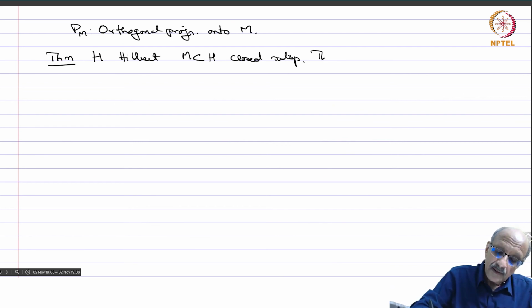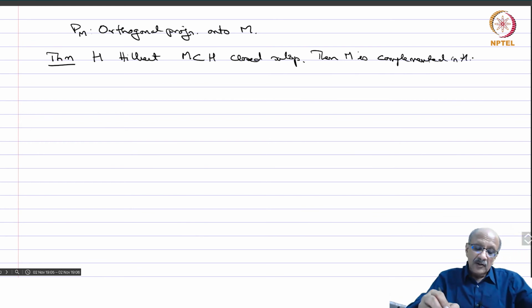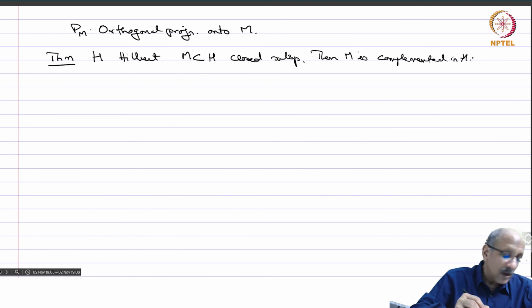Then M is complemented in H. Recall what is that? Not every closed subspace can be complemented. That is what we saw. And here we are proving that in a Hilbert space, every closed subspace is complemented. Okay. Proof.